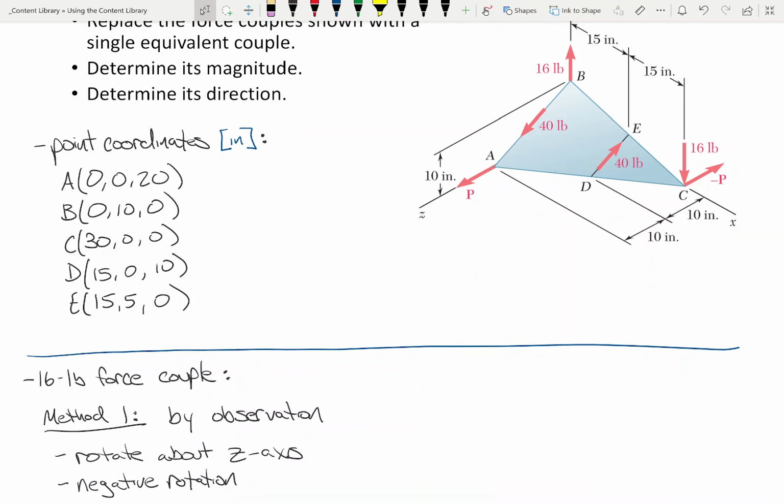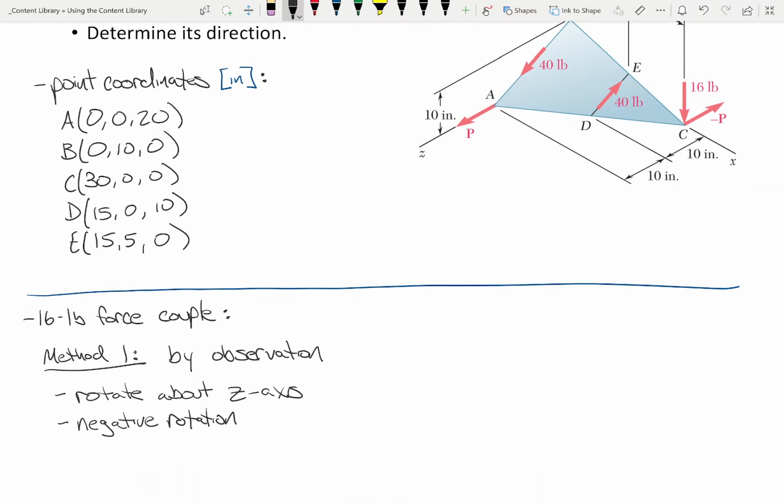By the way, what is the moment arm between these two lines of action? How far is it between the two lines of action? It's 30 inches. So our moment arm is 30 inches.